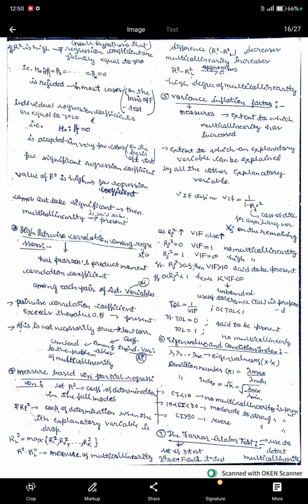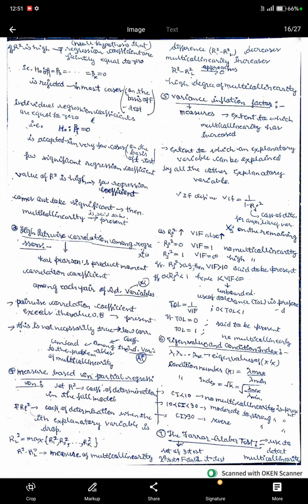R square minus RL square is a measure of multicollinearity. As the difference R square minus RL square decreases, multicollinearity increases. If R square minus RL square approaches 0, then a high degree of multicollinearity exists.